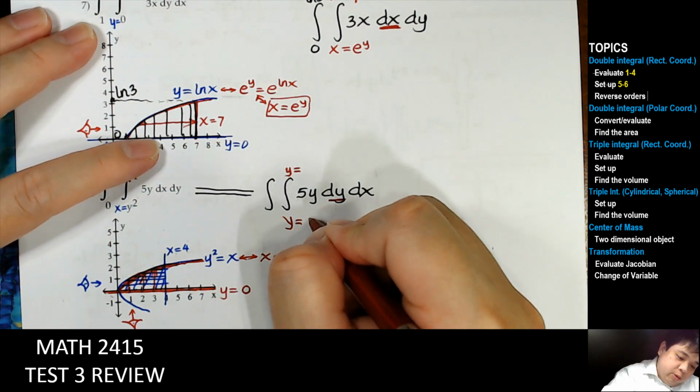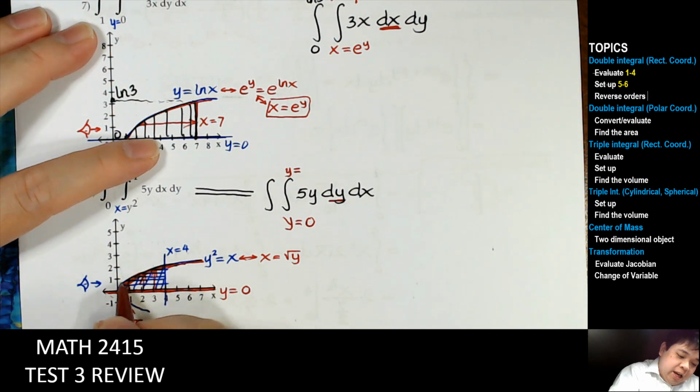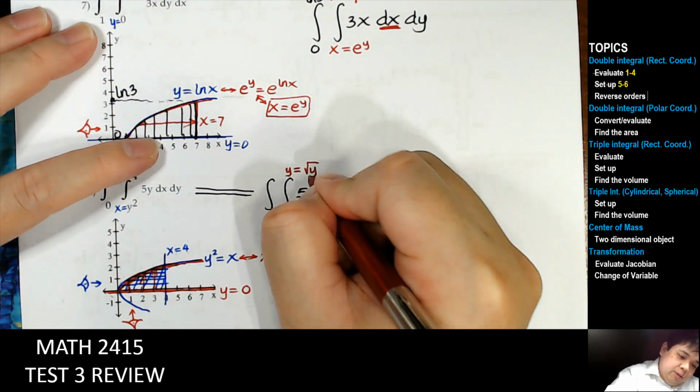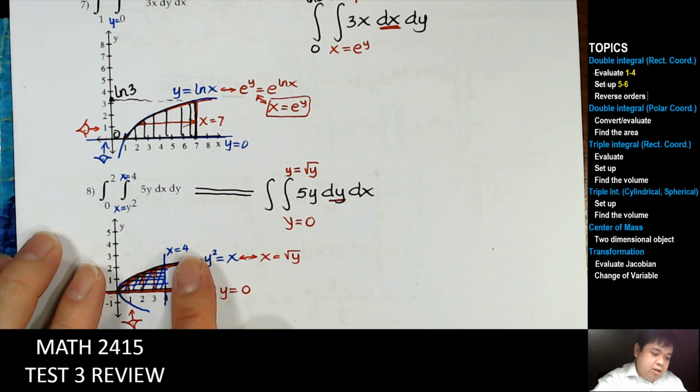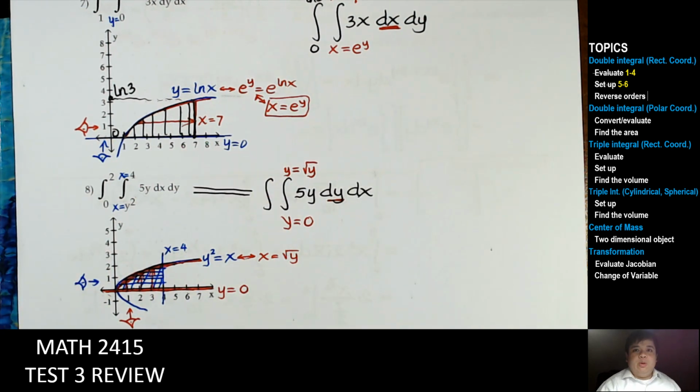So we're going to go from 0, because that's what we see first, and then we're going to see the curve. The limit outside on the x, of course, the region, the x values only go from 0 to 4, so that would be 0 to 4. That should be easy.